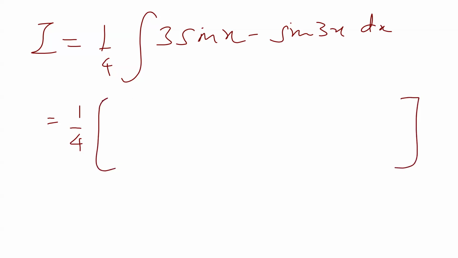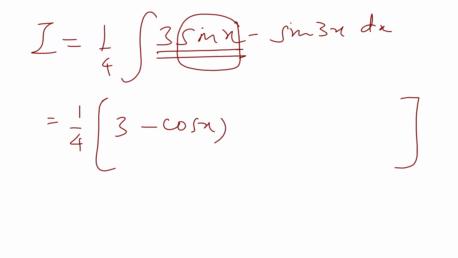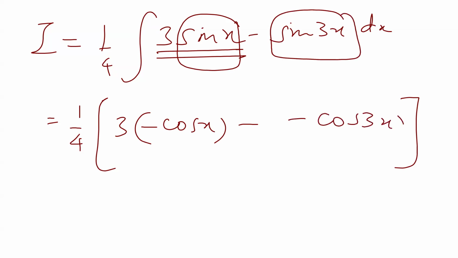So I'm putting a box bracket. 3 sin x: 3 is a constant, remains as it is. Sin x integration is minus cos x. Likewise, sin 3x integration will be minus cos 3x upon 3, because sin x is minus cos x, so sin 3x will be minus cos 3x, and 3x is a linear algebraic term.